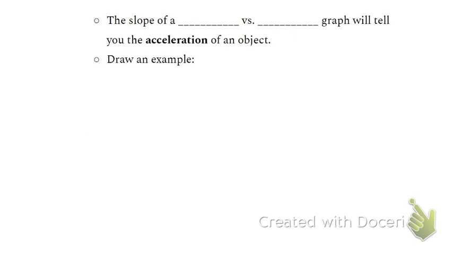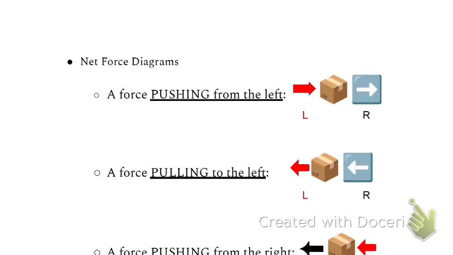Okay, last thing here was our net force drawings. So if a force is pushing from the left, your box is going to move to the right. If your force is pulling to the left, which way is your box going to move?